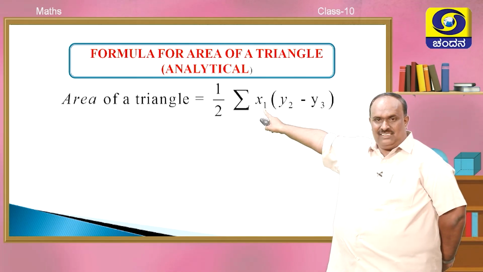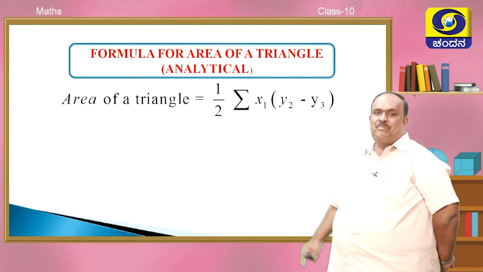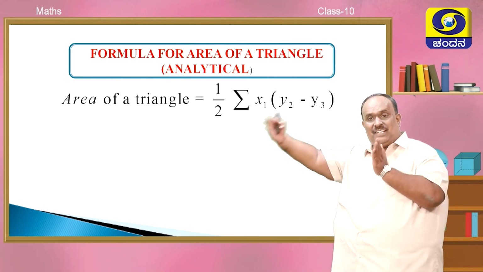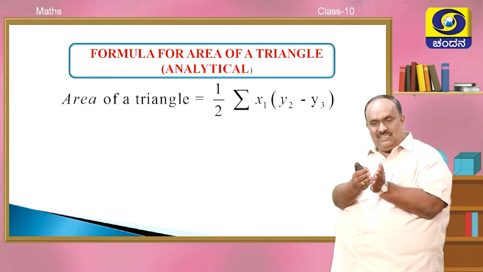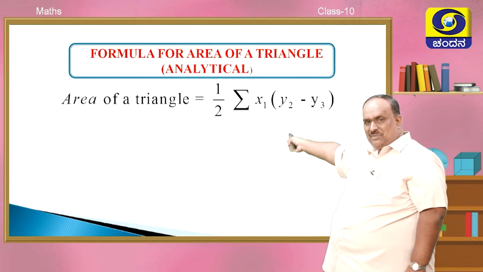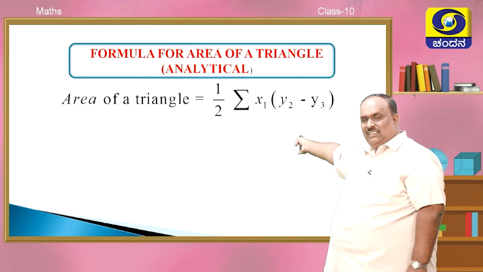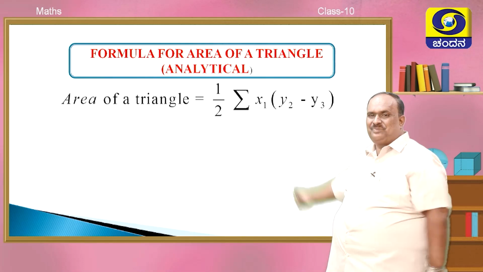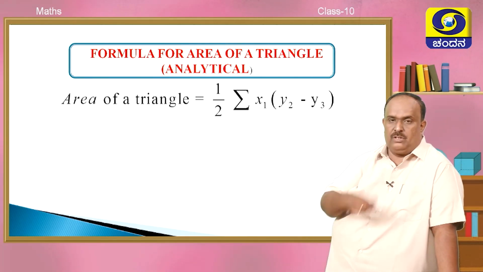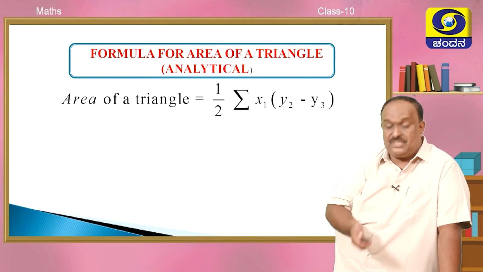Do you remember? Half x1 into y2 minus y3, for the remaining 2 y's, 2 and 3. 1, 2, 3. This is the formula. Half sigma x1 into y2 minus y3. So this is the concise form.